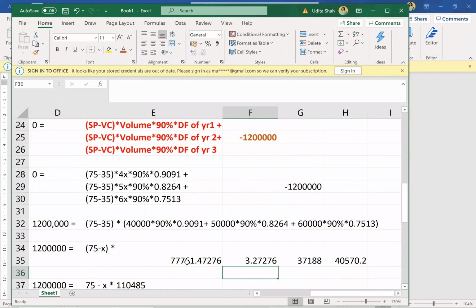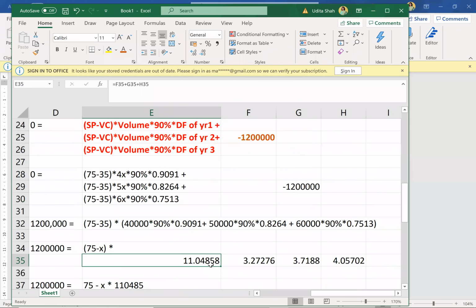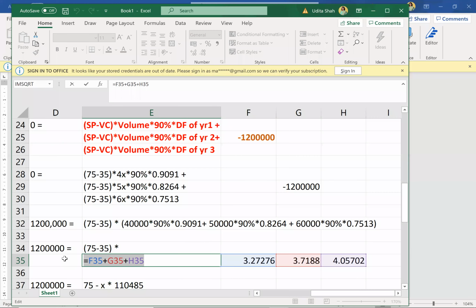This amount will be 11.048x. So 75 minus 35 into 11.048x. Correct? Find the value of x.